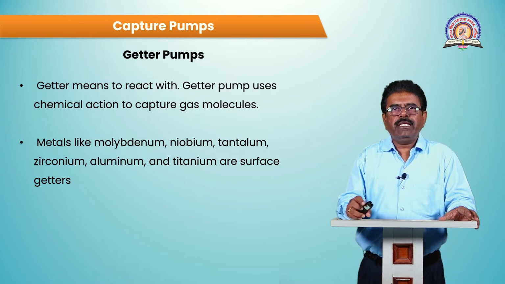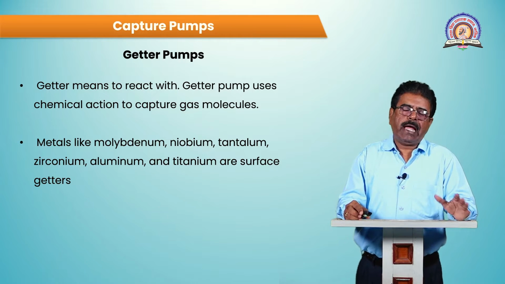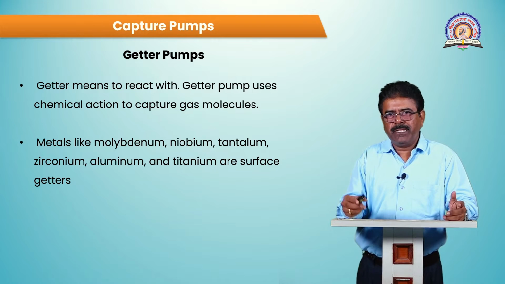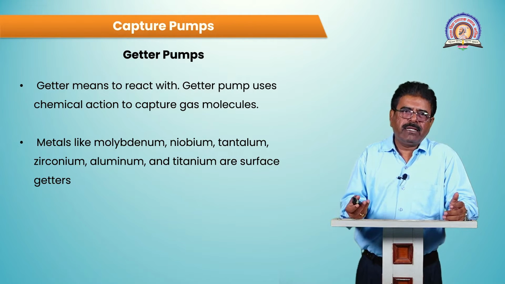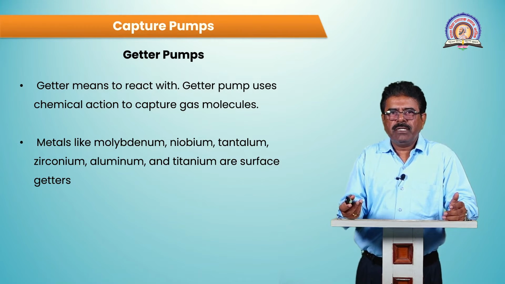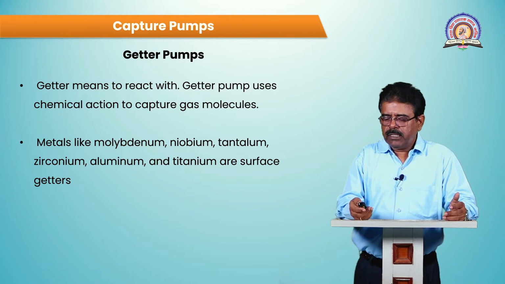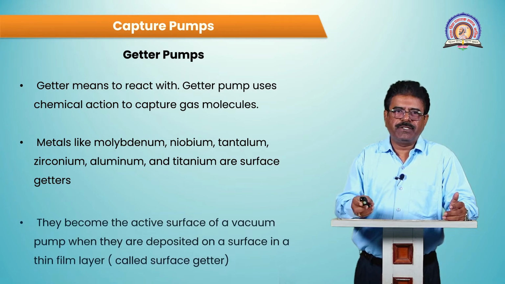So there are a variety of materials which act as a getter. For example, metals like molybdenum, niobium, tantalum, zirconium, aluminum, and titanium. These are some materials which can be developed as surface getters.